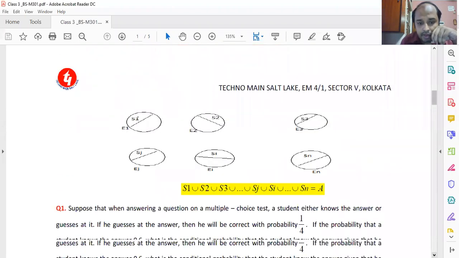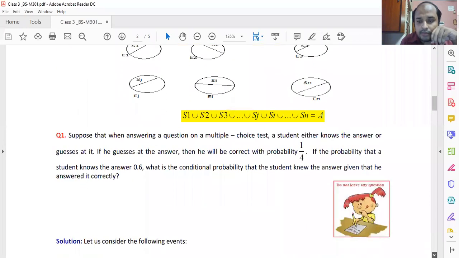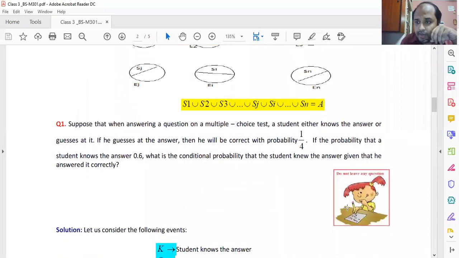Now let us go to our first problem. You see this girl? Many girls are attending my classes today. Suppose this girl is one of you. You are so busy writing the examination, and your parents have told you that you shouldn't miss a single question. You have to write all the questions, and that is a verdict.